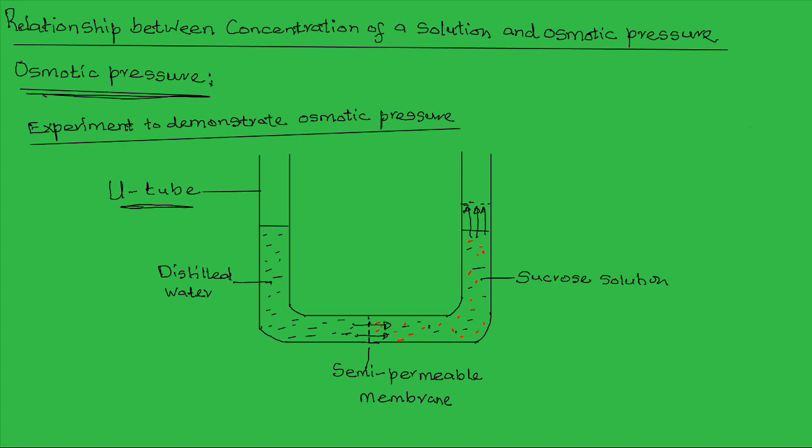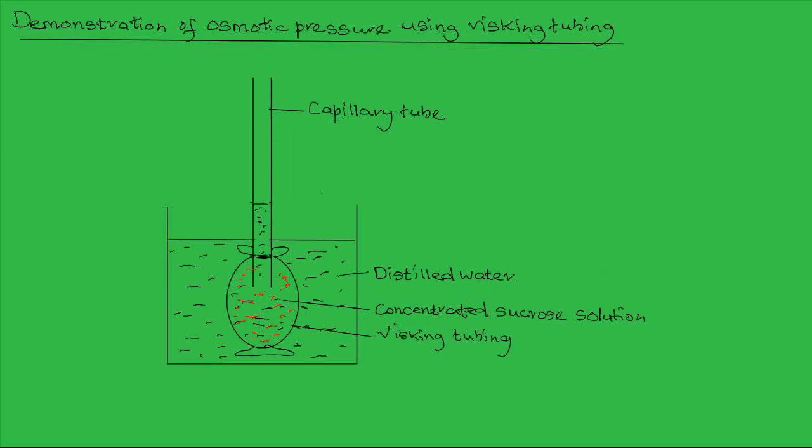And the more concentrated in terms of solutes a solution is, the greater its tendency to take in water from surrounding solutions by osmosis. So in other words, the higher the solute concentration, the higher the osmotic pressure. Another way to demonstrate osmotic pressure is using a Visking tubing, in which the Visking tubing is filled with the concentrated sucrose solution, and then the upper end of the Visking tubing is tied, and a long capillary tube is immersed into the sucrose solution, then tied tightly.